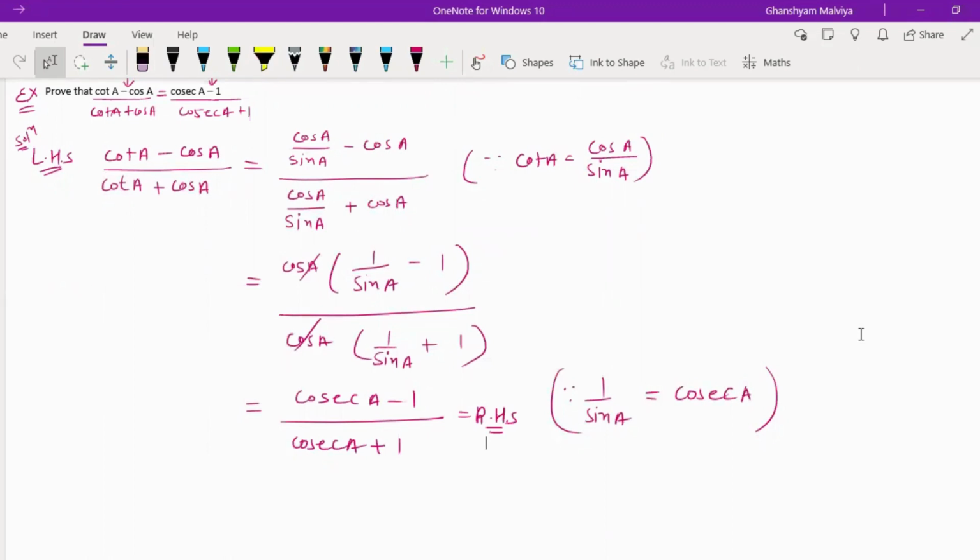So let's do one more example here, and after that we start some applications of trigonometry. Right? So I will write a question here.